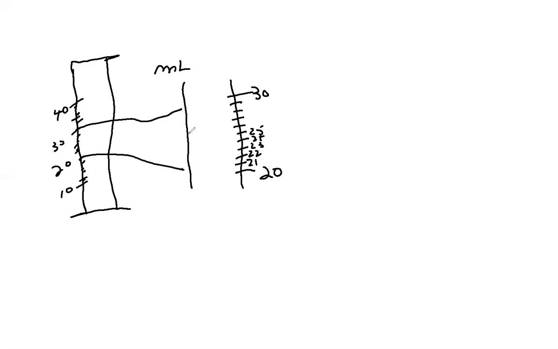So now, if we had a volume, and remember that our liquids usually have a curve. So if we have our liquid and we want to figure out what it is, so let's say it's right in between. So we're in between the 24 and the 25. Let's say we're halfway in between, then we will report that as 24.5 milliliters.